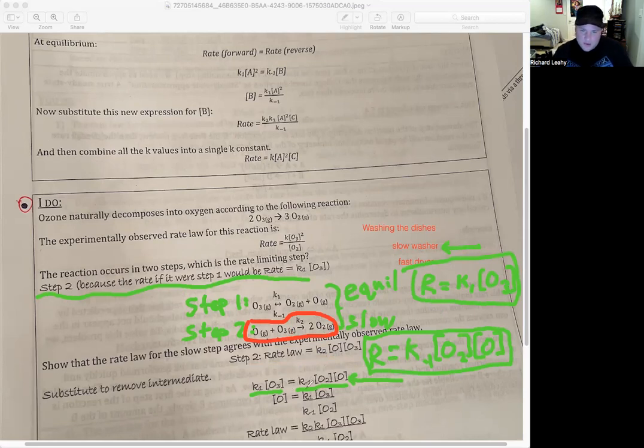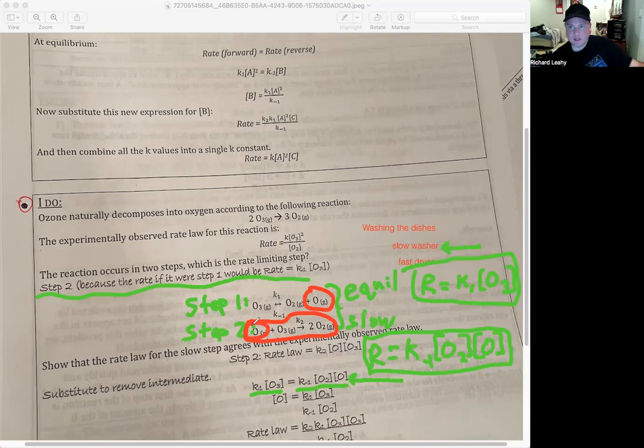So we're going to solve for this, because our original rate law involves something we don't want. We don't want O. Now think for a second why you don't want O. Why is that not okay? What is O? Look at the equations. O appears here and here. It appears as a product in the first one and a reactant in the second one, and in the end it doesn't appear at all.